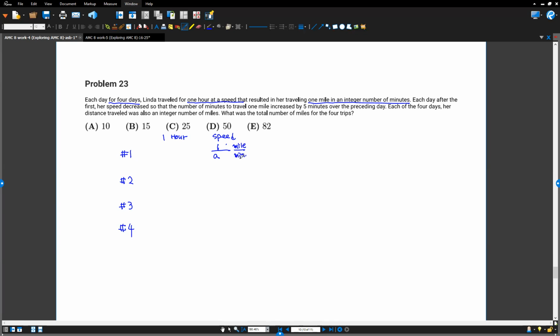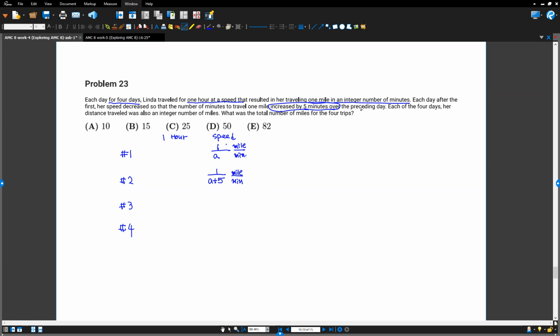The second day: her speed is decreased. Speed decreased means time is increased, right? So every day the time increases by 5 minutes. That's why speed is decreased. The second day is going to be 1 mile per a plus 5 minutes, with 5 minutes increased.